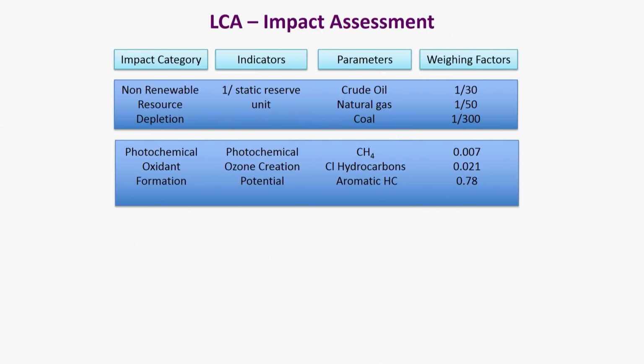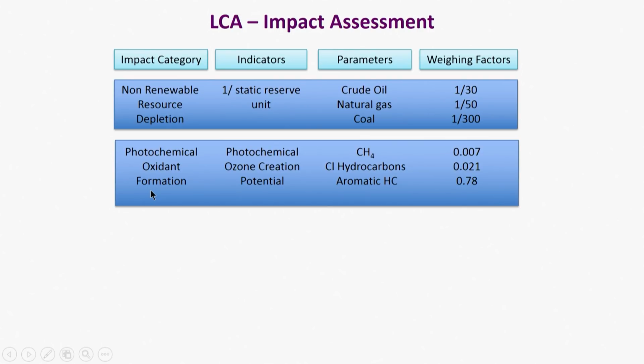Photochemical oxidant formation. This is an important factor. Photochemical oxidation is an important process in urban air quality. There was a big focus on photochemical oxidation a few decades ago, starting in Los Angeles and other cities with similar topography. A lot of research was done there because of smog formation. Smog formation is important in many cities, and smog is a mixture of all the things you can see in the atmosphere.